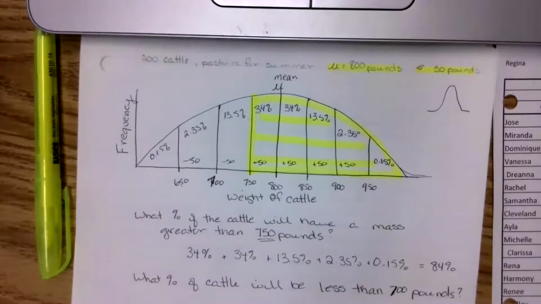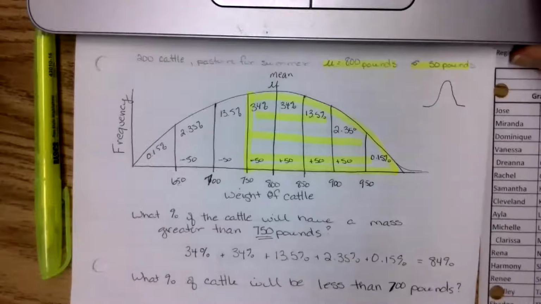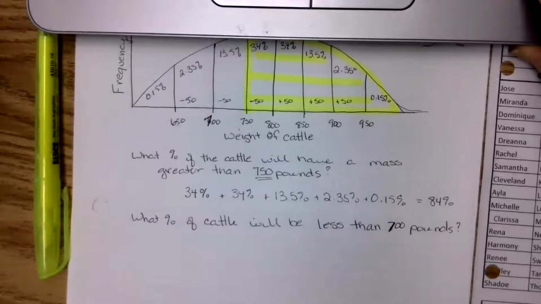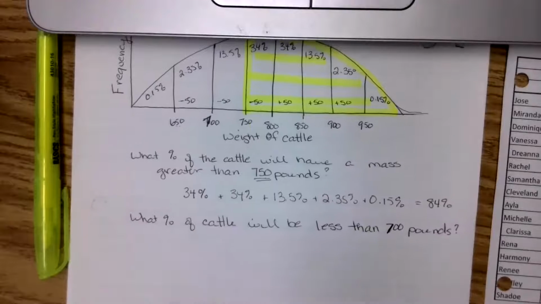So maybe in context, maybe if the steers are less, oh, farm girl, cattle, steers, cows. Cows are female, steers are male after they've been fixed, basically. But maybe if they're under 700 pounds, I can't even sell them. I have to keep them for another year and fatten them up. So I would like you guys to try that. Figure out what percent of the cattle are going to be less than 700 pounds.